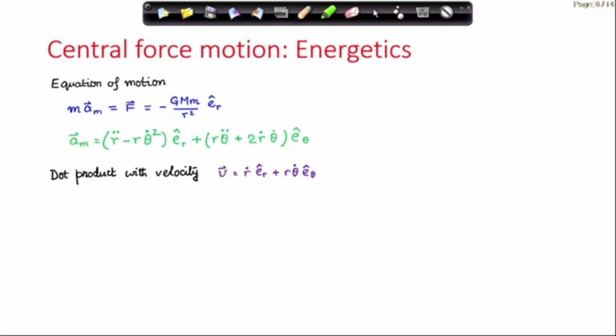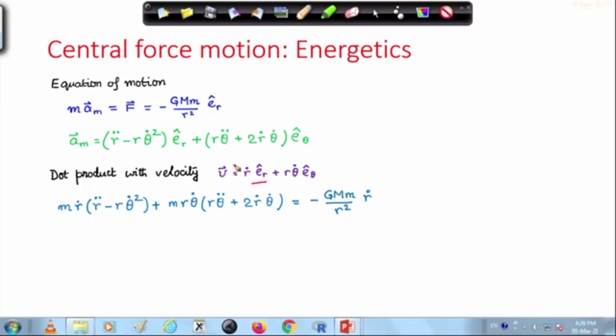If you dot product the equation of motion with the velocity, where velocity in polar coordinates is nothing but r dot e r cap plus r theta dot e theta cap, then what do we have?